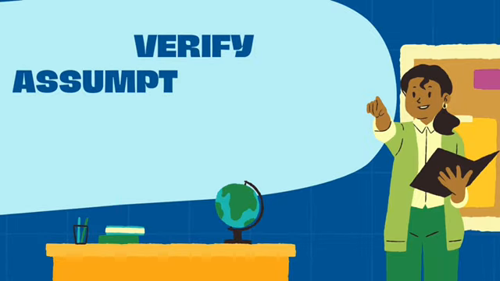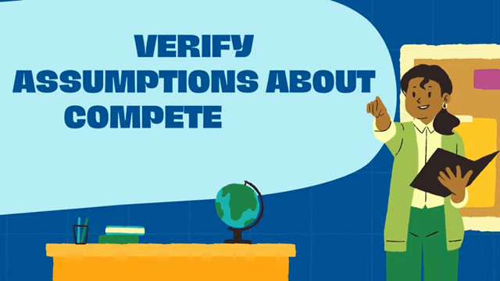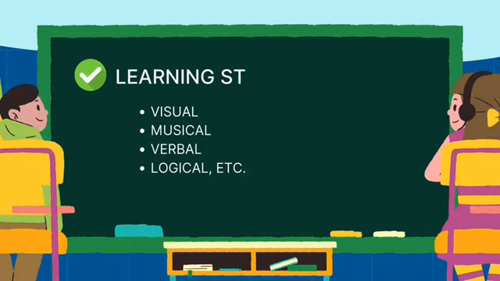This suggests that instructors must verify assumptions about learners' entry competencies through informal methods or formal assessments, such as standardized or teacher-made tests. Now, let's move forward to the learning styles. There are visual, musical, verbal, logical, and others.